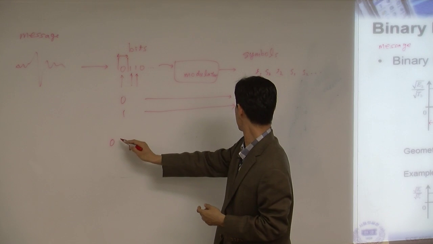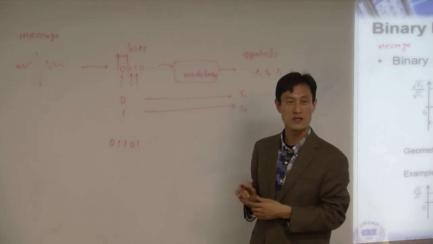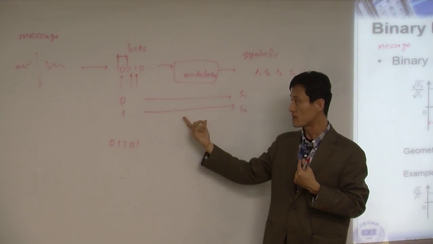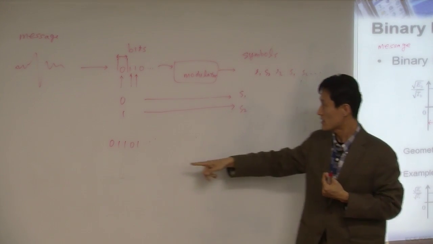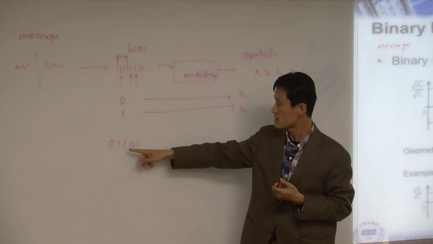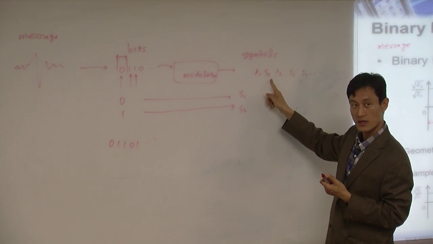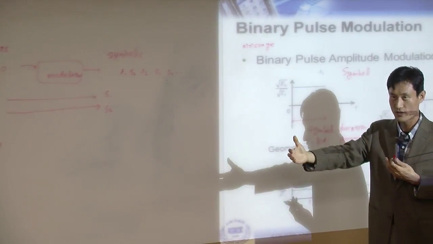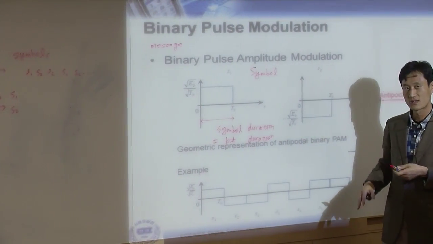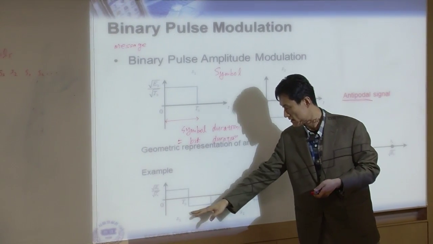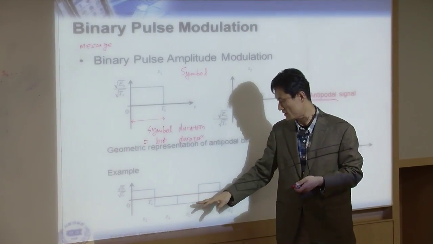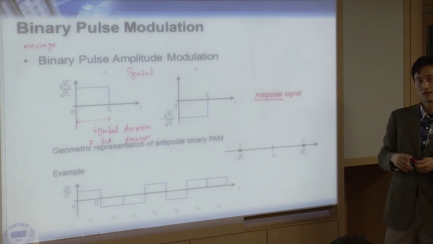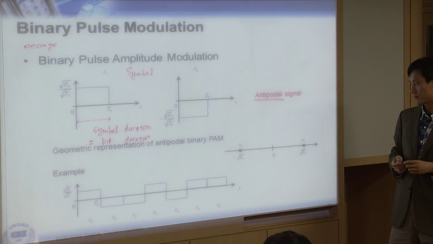It was like 0, 1, 1, 0, 1, something like this. This was our original bit sequence. Now, based on this mapping, 0 is converted to S1, and 1 is converted to S2, one by one. That's why now we have this symbol sequence. Graphically, it's positive, negative, negative, positive, negative, positive, things like that. That's what we transmit.